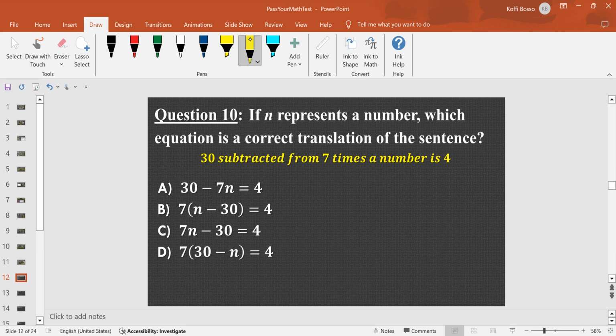Okay, 30 subtracted from 7 times a number is 4. 30 subtracted from, because they say subtracted from. Every time they use it, what you have after 'subtracted from' will come first.